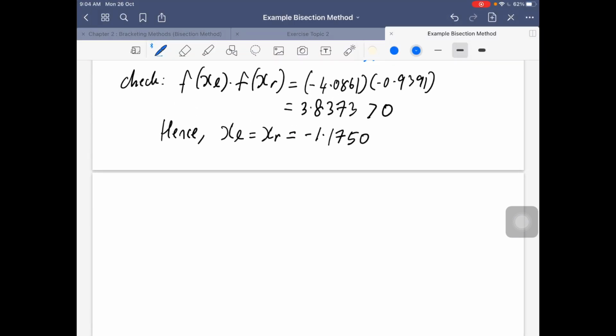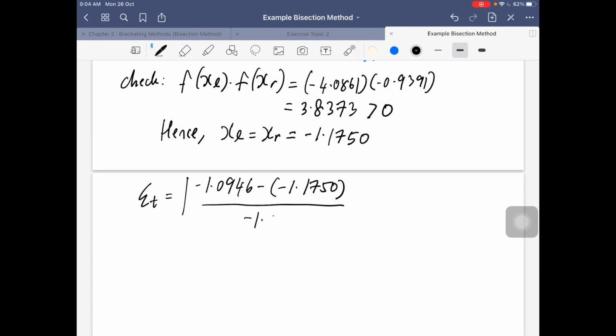If we calculate our true percent relative error, it is negative 1.0946 minus negative 1.1750, divided by negative 1.0946, and then multiplied by 100%. You should get 7.35%.